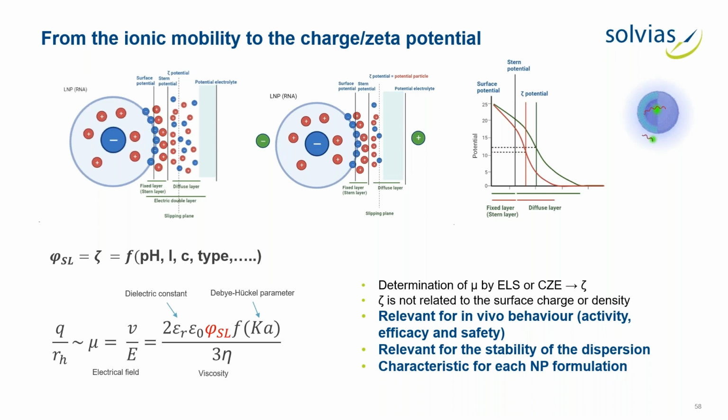There are at the moment two technical possibilities for how I can get this ionic mobility. Electrophoretic light scattering needs really fingertip feeling and patience. You need a lot of experience and you need a lot of material. For CE, you need only a suitable dye.